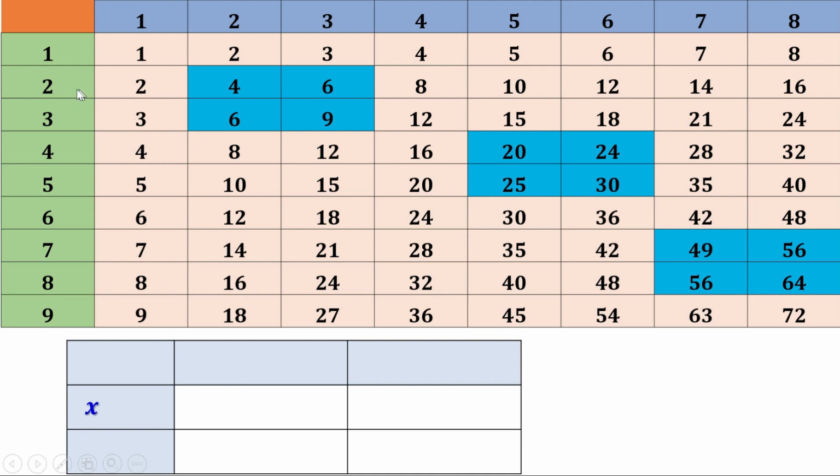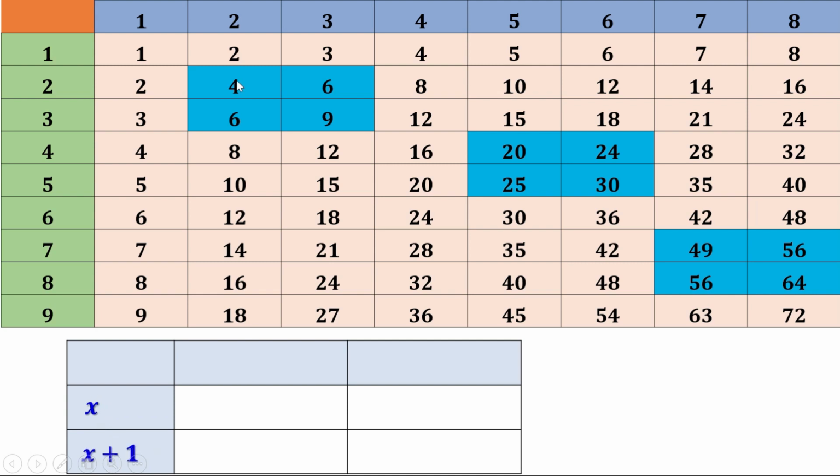Here the 2 numbers are in the second row, then the next 2 numbers are in the third row. Here the 2 numbers are in the fourth row and the next 2 numbers are in the fifth row. Here 2 numbers are in the seventh row and next 2 numbers are in the eighth row. That means if 2 numbers are in the xth row, then the next 2 numbers are in the next row, and the next row is x plus 1th row.